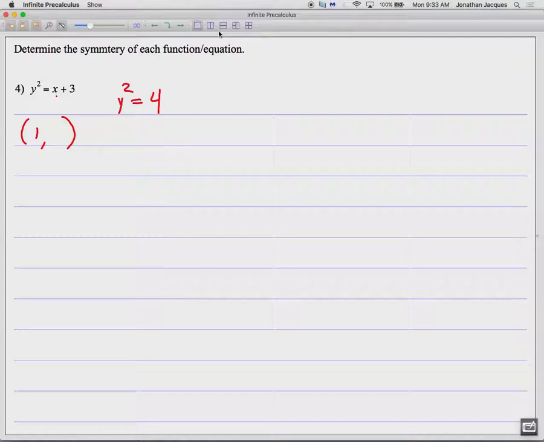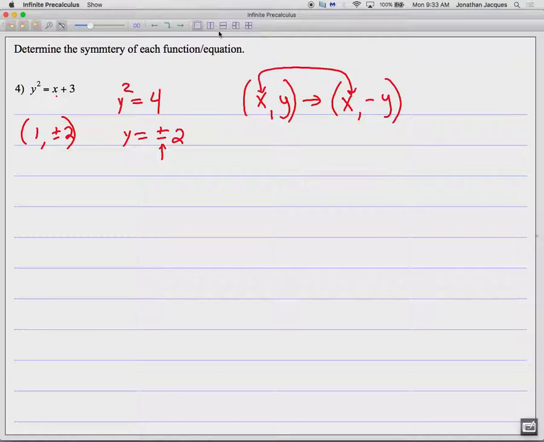If we take the square root, we get plus or minus 2. This should be an indicator that something different is going on. In fact, x, y and x, negative y, same x, opposite y's, not a function.